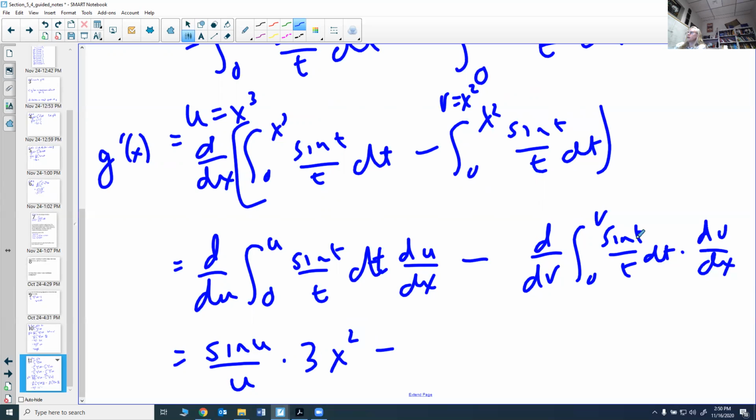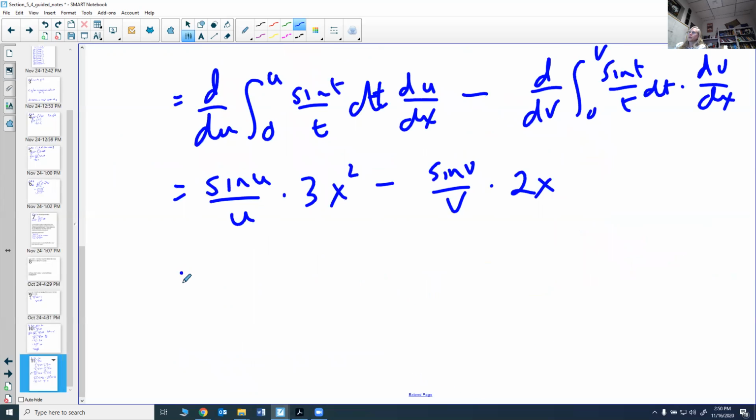The derivative with respect to v of the integral from 0 to v of sine of t over t dt will be the sine of v over v times the derivative of v with respect to x, which is 2x. And then the last thing is put in what the u is.